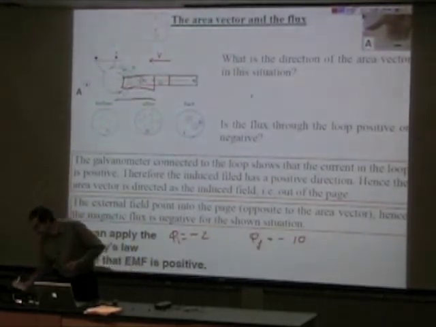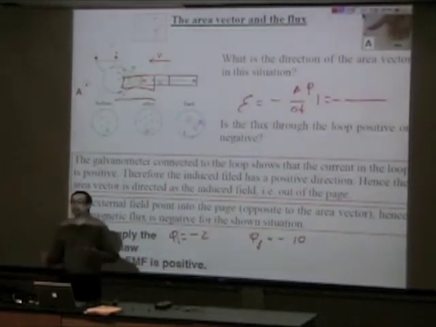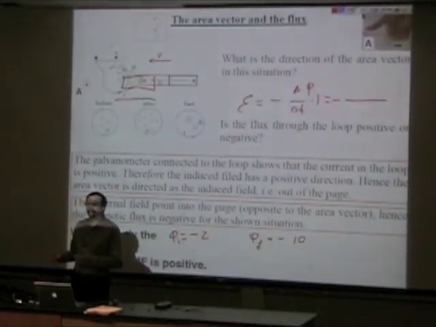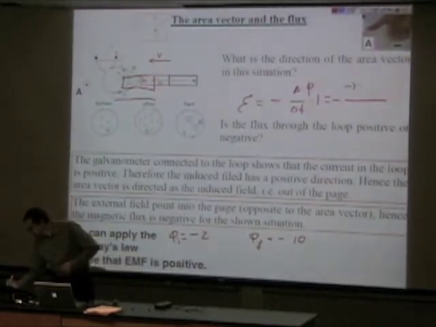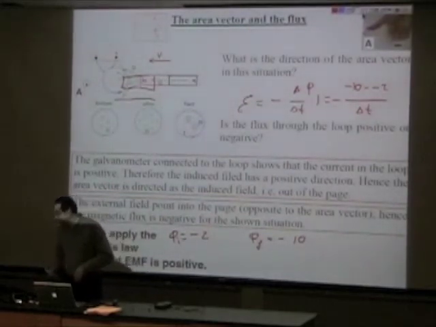It says EMF is equal to minus delta phi over delta t, so one loop times one. In our situation, that would be equal to minus... What does delta mean? It means final minus initial. So it means -10 minus -2. Delta t is always positive, and time doesn't go back.